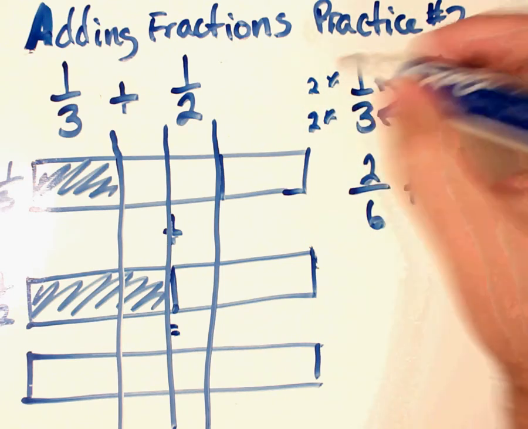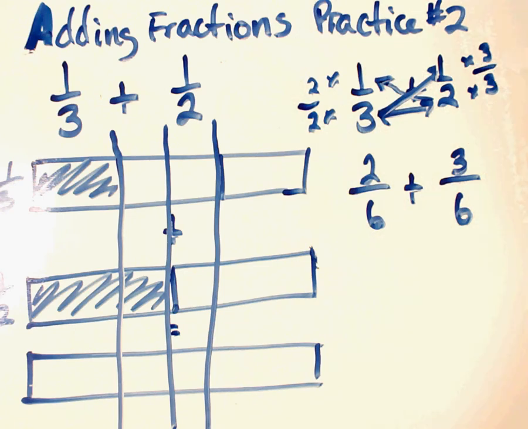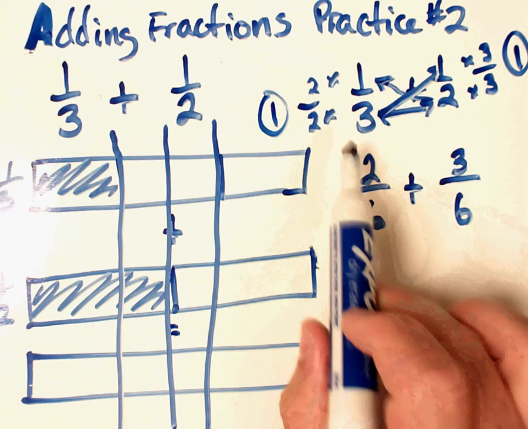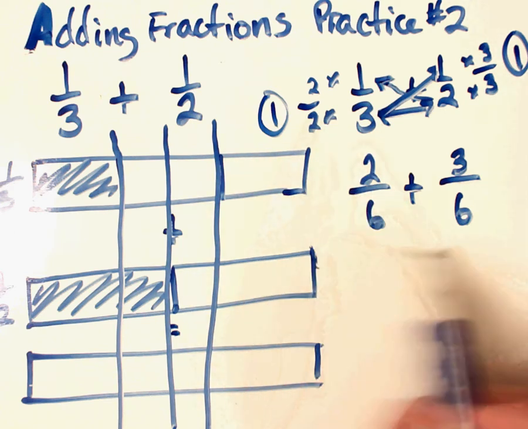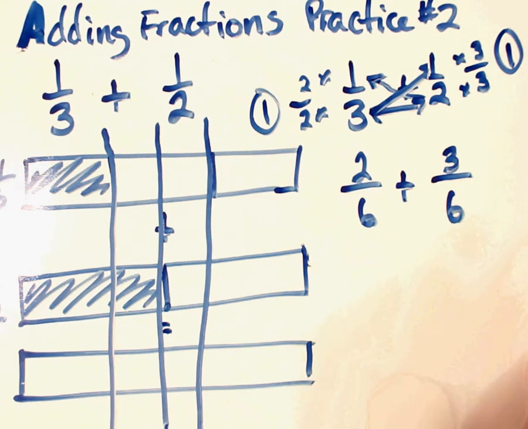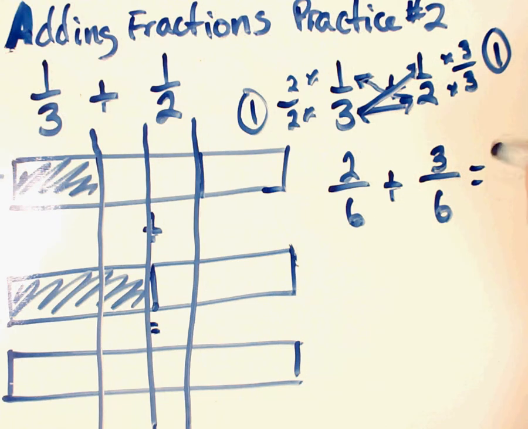Now the reason why I can do that is because 3 over 3, that's just one whole. And 2 over 2 is one whole. So all I'm really doing is multiplying these fractions by 1, which doesn't change their value, it just gives me a different denominator and numerator. And so my answer ends up being 5/6. And I could not do that using this method.